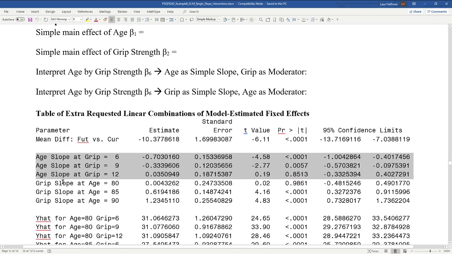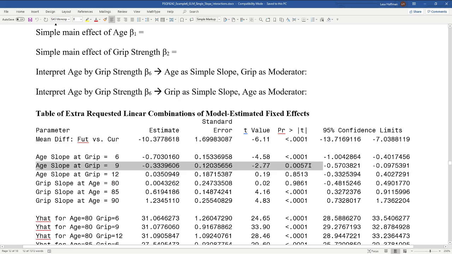So it looks like age does not matter amongst people who are relatively strong, at about 1 standard deviation above the mean in this grip strength moderator. Age does matter in people who are middle, and age matters more in people who are weaker.